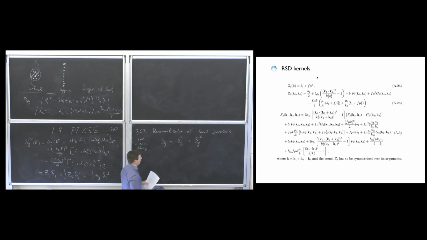This is something that, for instance, you can read in the Peskin book on the renormalization of local operators. Now, in the context of the galaxy bias, this renormalization story works out very simply. The idea is that we take this expression and we integrate out the small scale modes, or in other words, we're averaging them out.